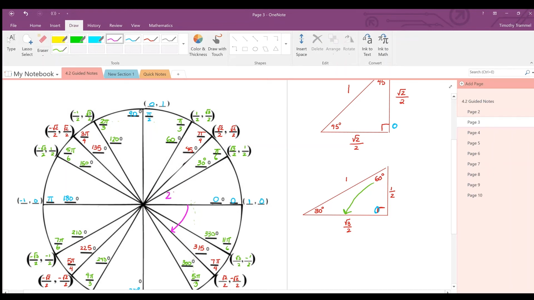Because 2 pi minus pi over 4 would be 8 pi over 4 minus pi over 4, which is 7 pi over 4. Okay, so that makes sense. And again, this was sine, right? And so sine's the y value, and we should get minus the square root of 2 over 2, which is what we get. Okay. So we could have thought about it this way too.